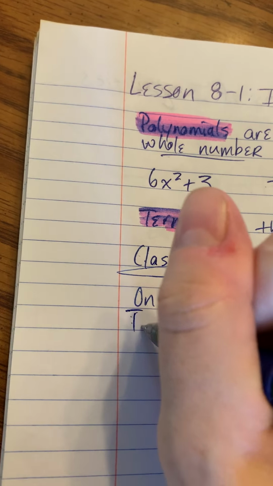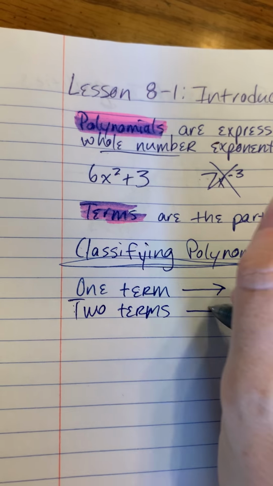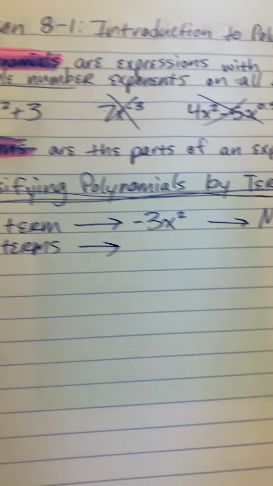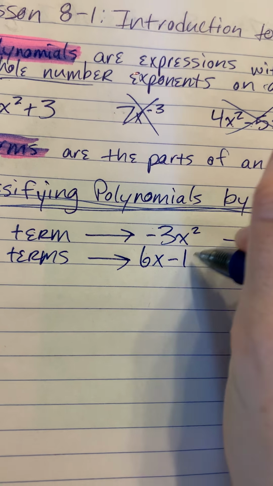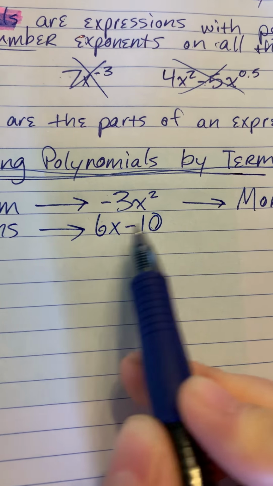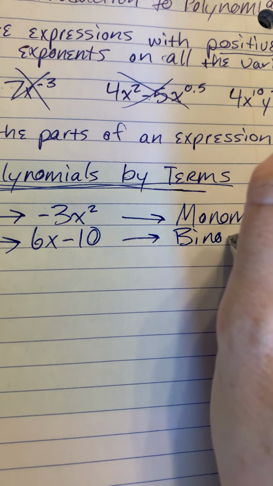If it had 2 terms, then it would look like 6x minus 10, because that's 2 different parts, and you would call it a binomial.